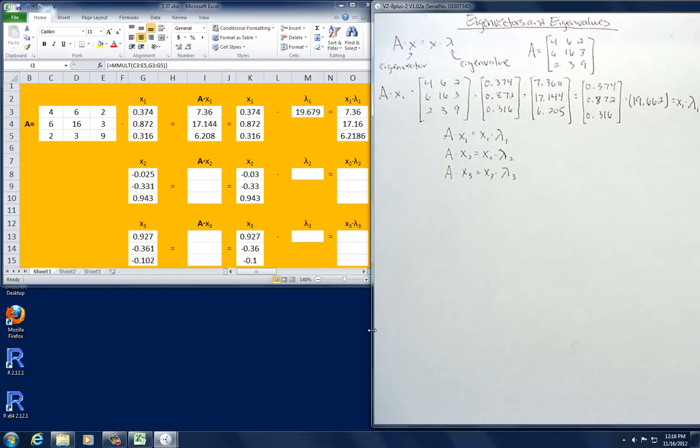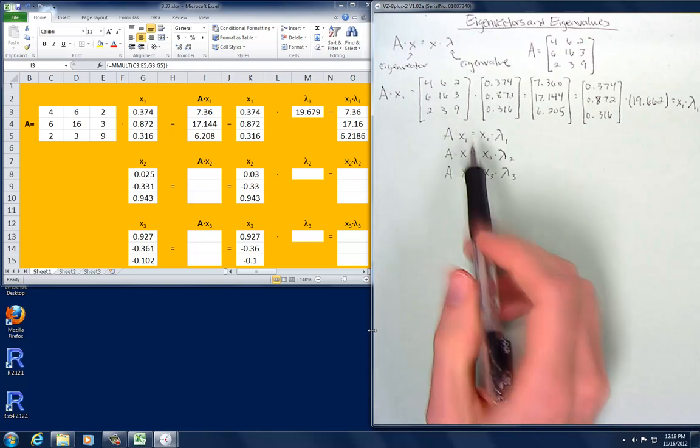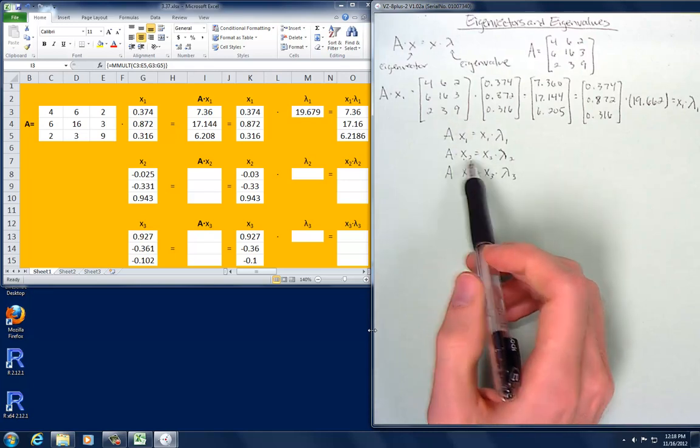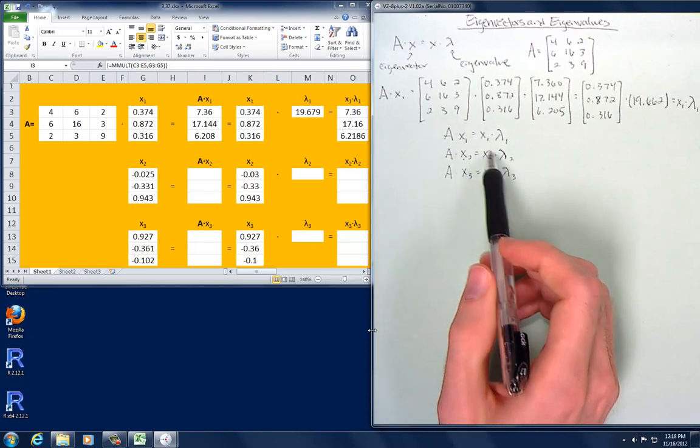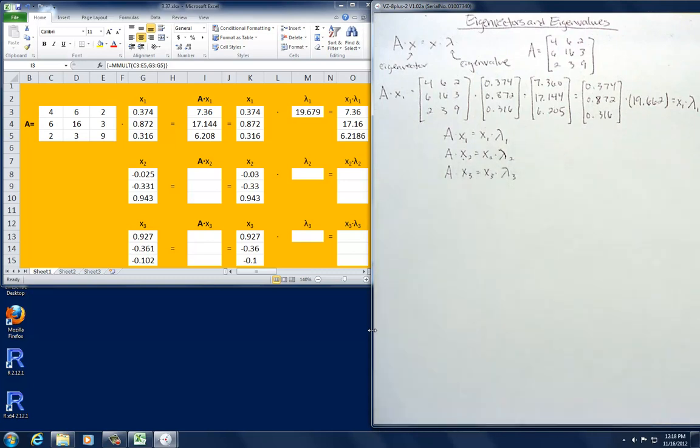The second eigenvector and its associated eigenvalue is this one here. Our matrix A times a vector x sub 2, and that will be equal to that vector x sub 2 times a constant. And I'm going to demonstrate that in Excel.